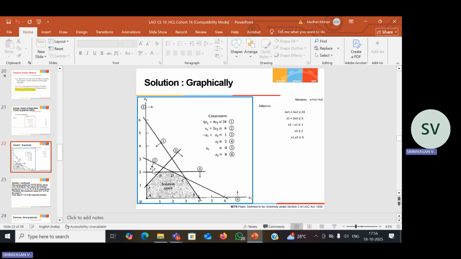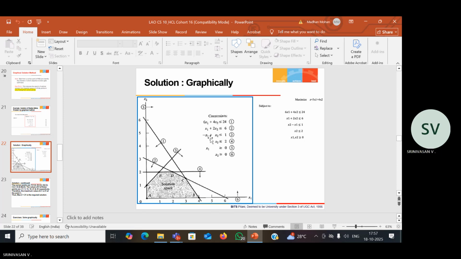It is a straight line 2. You just put the straight line, that's enough; not necessarily you have to put an arrow mark. Then the third equation, minus x1 plus x2 equal to 1. If you put x1 equal to 0, you get x2 equal to 1, so the point 0, 1.